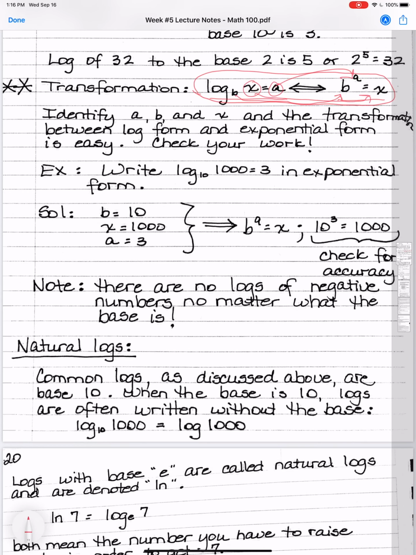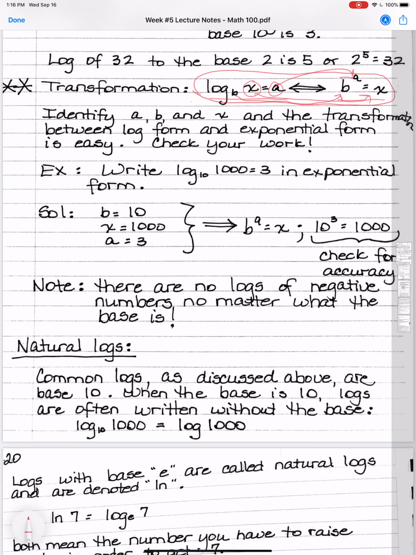So try to keep this conversion formula handy. I have even written it down on an index card and stuck it inside the front of my book sometimes, because if you're like me, this relationship is not really easy to remember, and I can get it confused if I'm not thinking straight.